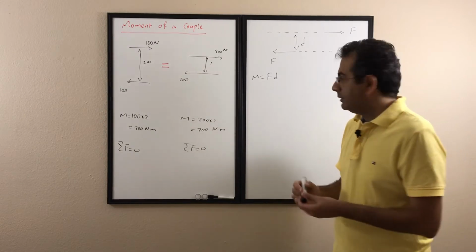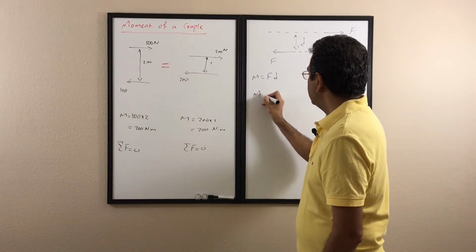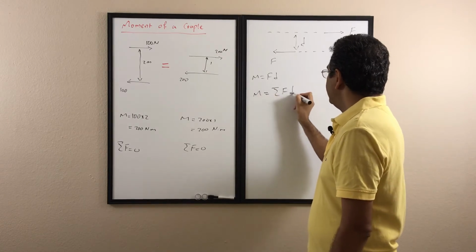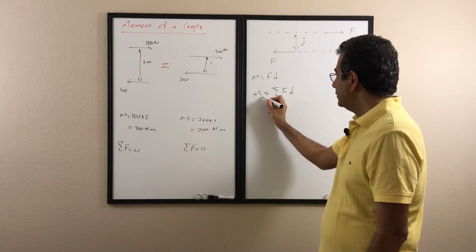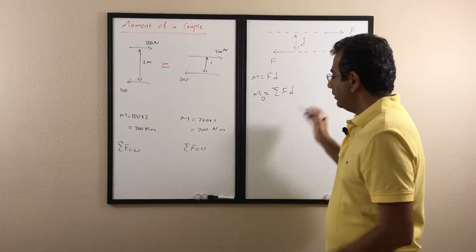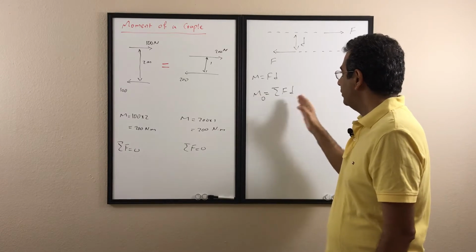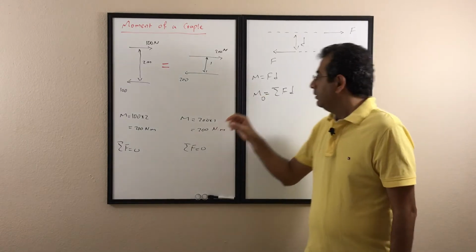The other way we can do it is to calculate the sum of moments in 2D. It doesn't matter which point, just consider a point and add the moments of all the forces together.